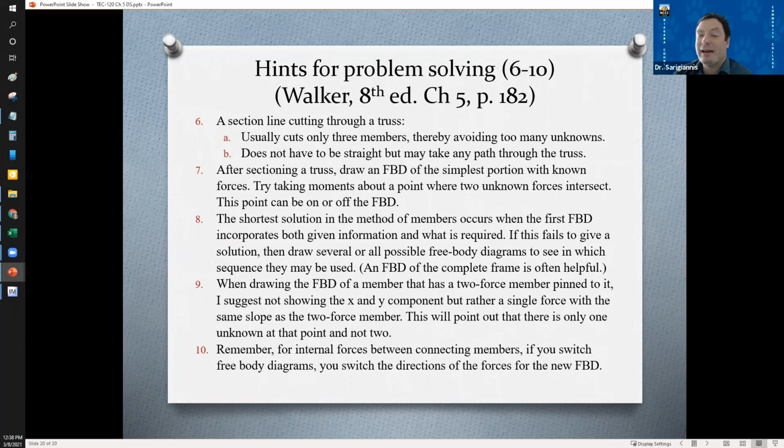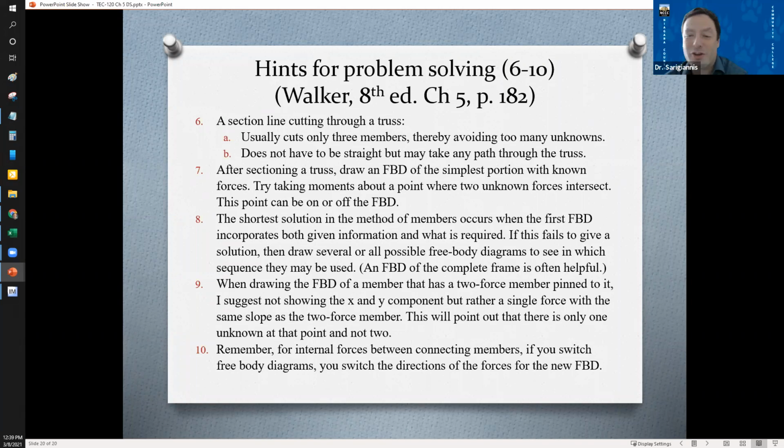If the first free body diagram you choose includes all the information that you need, you've chosen correctly. If you choose another free body diagram and it turns out to have like 4 unknowns as well, just choose a different free body diagram, a different member in that section.